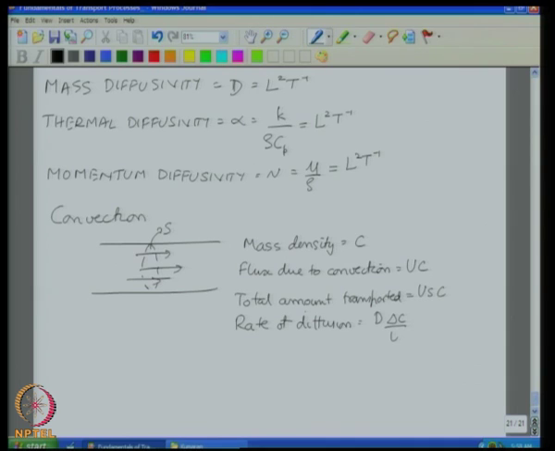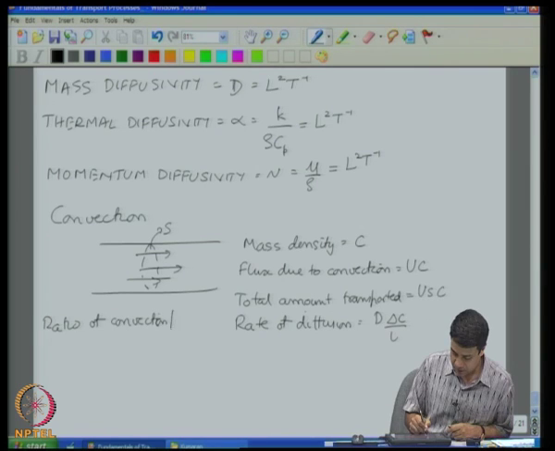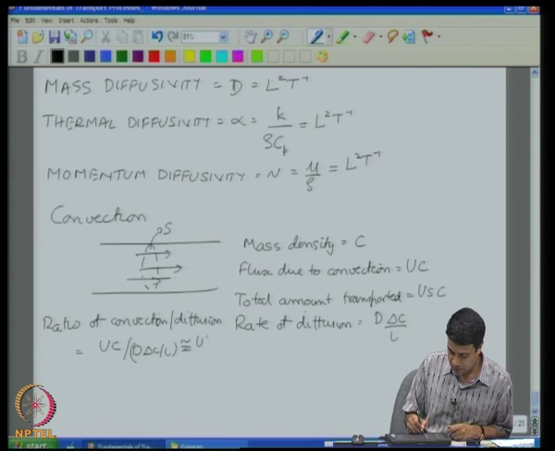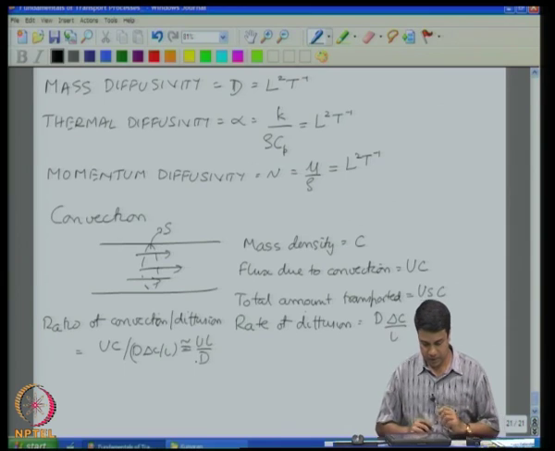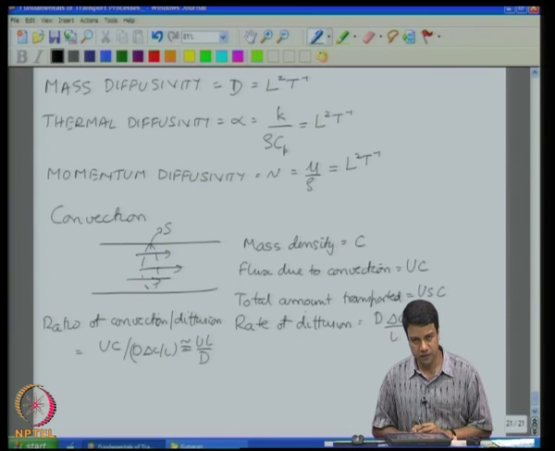Therefore, the ratio of convection by diffusion will be equal to u C by D delta C by L, which will be approximately equal to u L by D. So, this is the ratio of convection to diffusion in all of these problems.